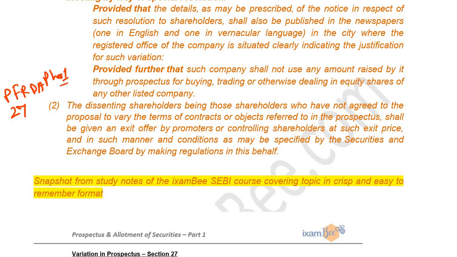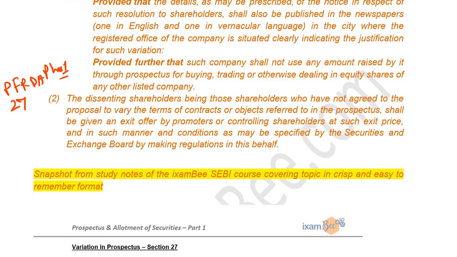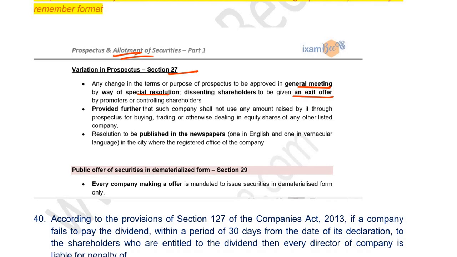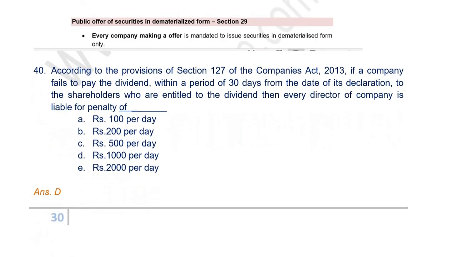So if students had attempted that, while reading that in the explanation, they would have also read this. Of course, in addition to our coverage in the notes, where very clearly in the notes on prospectus we had mentioned that you have to make any changes in the general meeting after passing through a special resolution.